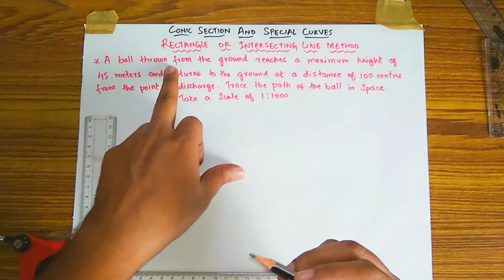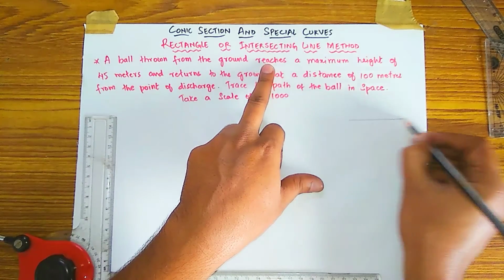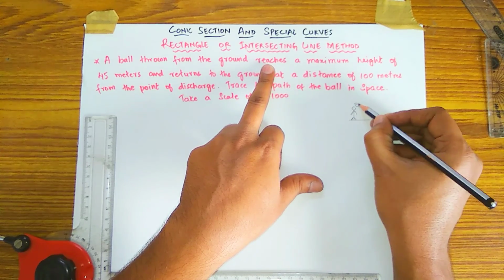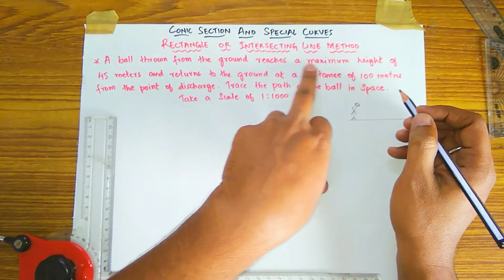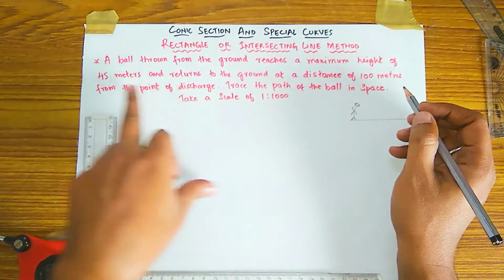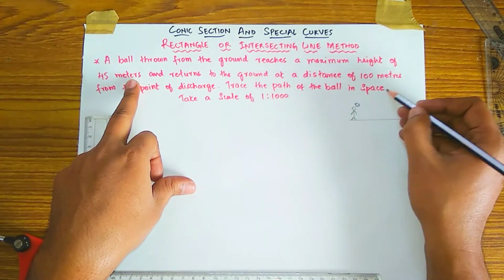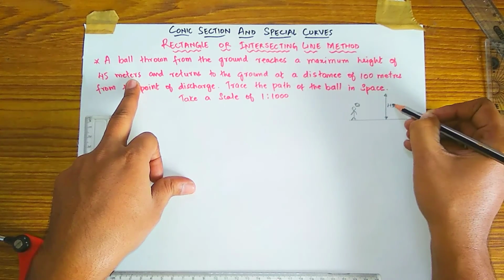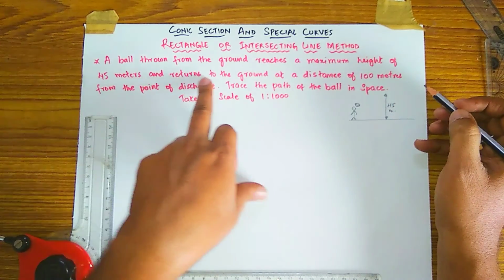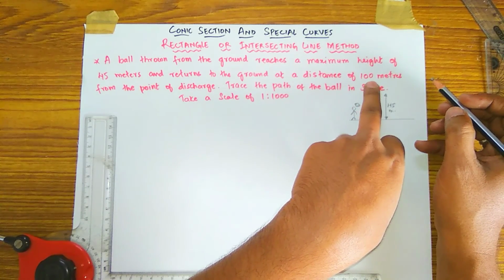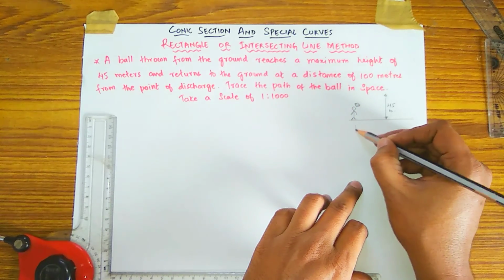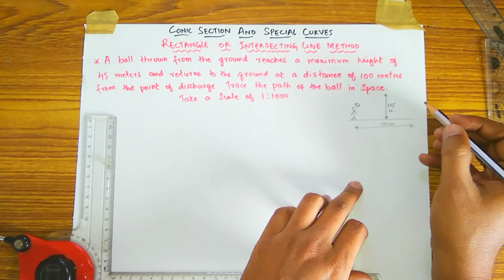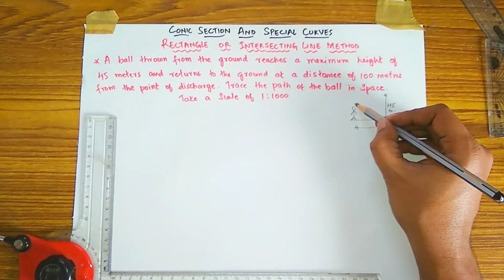So a ball is thrown from the ground, means this is the ground. A person is throwing a ball from here. It reaches a maximum height of 45 meters, and returns to the ground at a distance of 100 meters from the point of discharge.